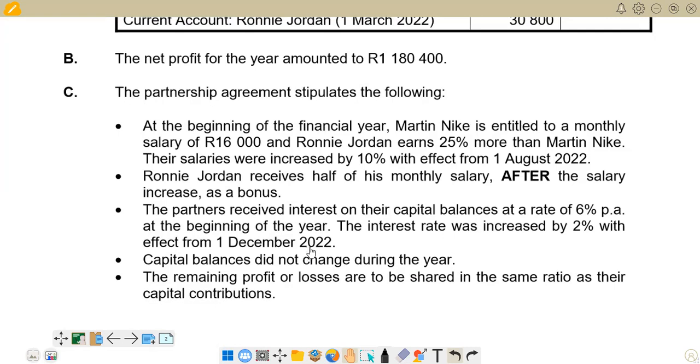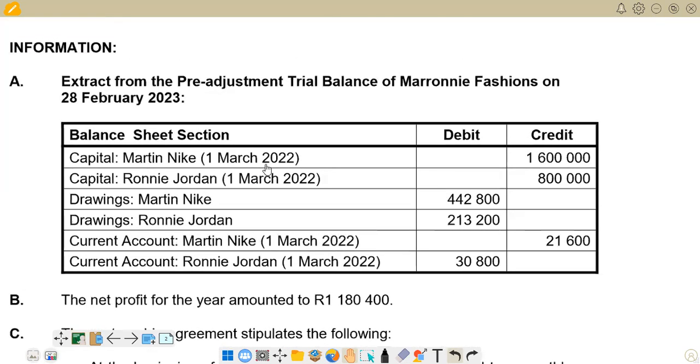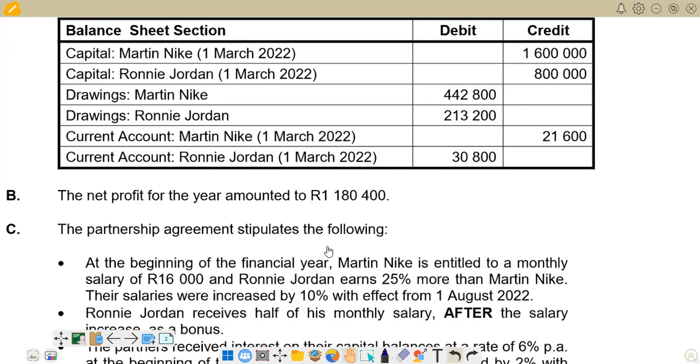Remember where the year is ending: that's 28 February 2023.